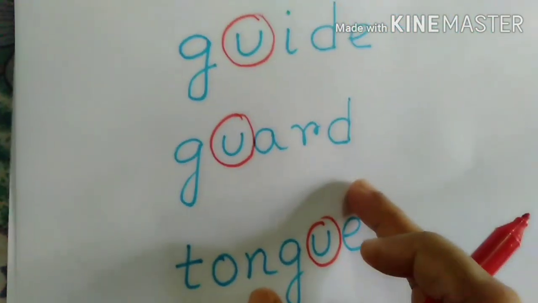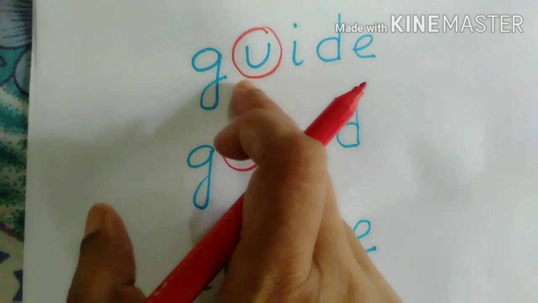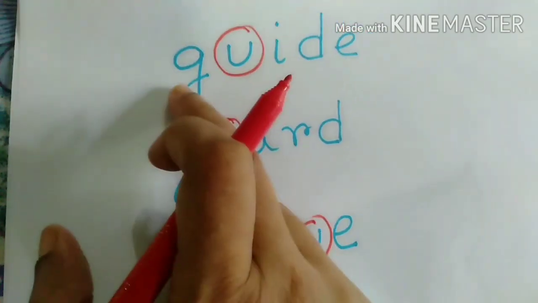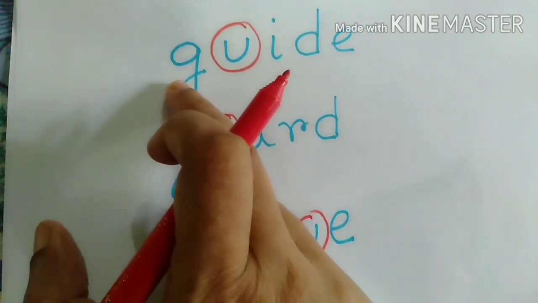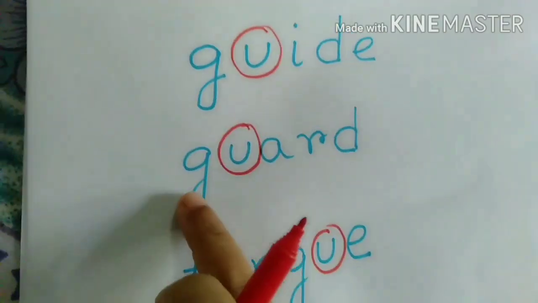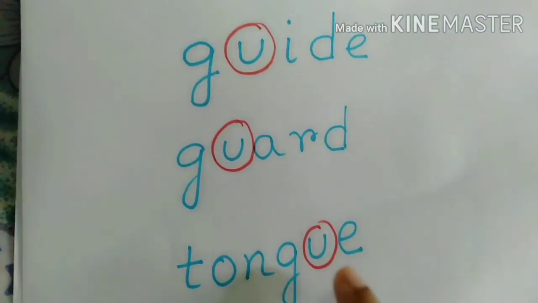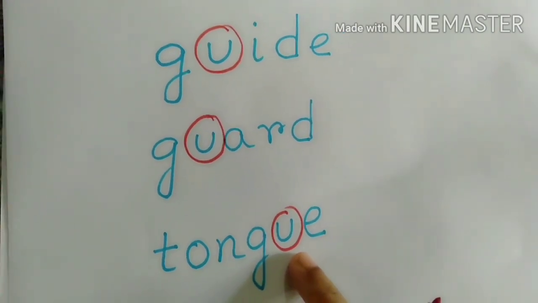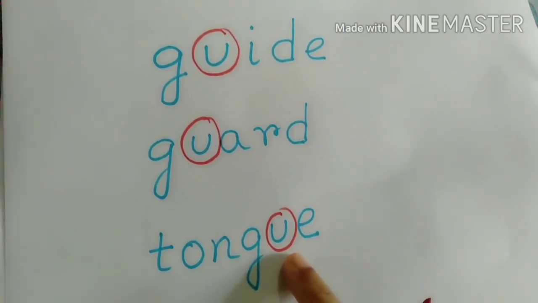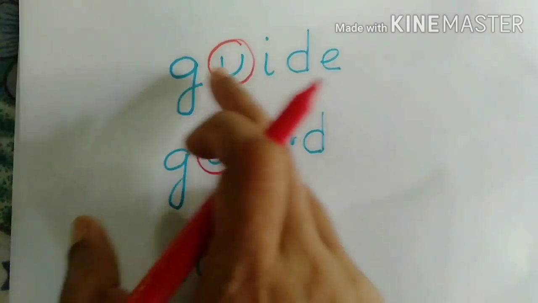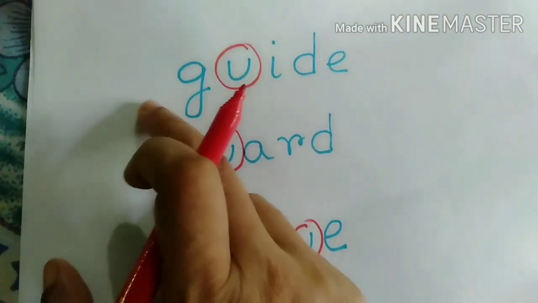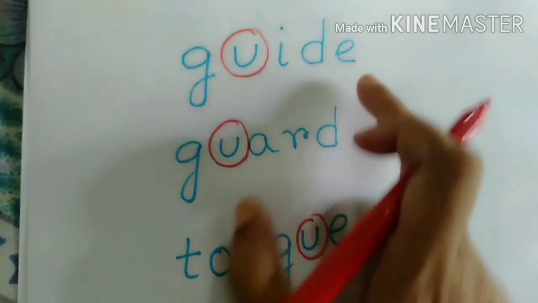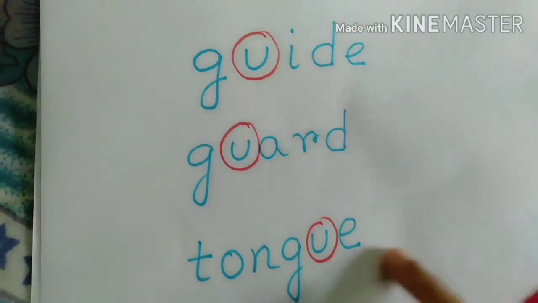If you notice carefully, this silent letter is coming after the consonant G. G-U, G-U, G-U. So, be careful with the sound of U next time when it comes after the letter G. So, the pronunciation will be guide, guard and tongue.